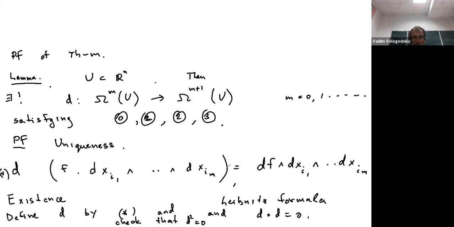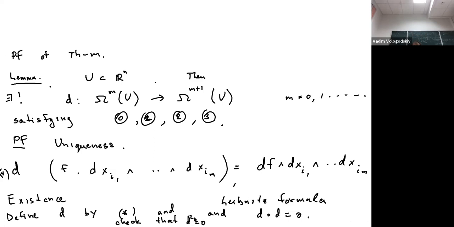It turns out, and it is easy, that 2 is a formal corollary of the fact that we already used in dimension 2: if you have a function in two variables, then differentiating it with respect to x and then with respect to y is the same as differentiating in the opposite order. So this was the key to this identity.